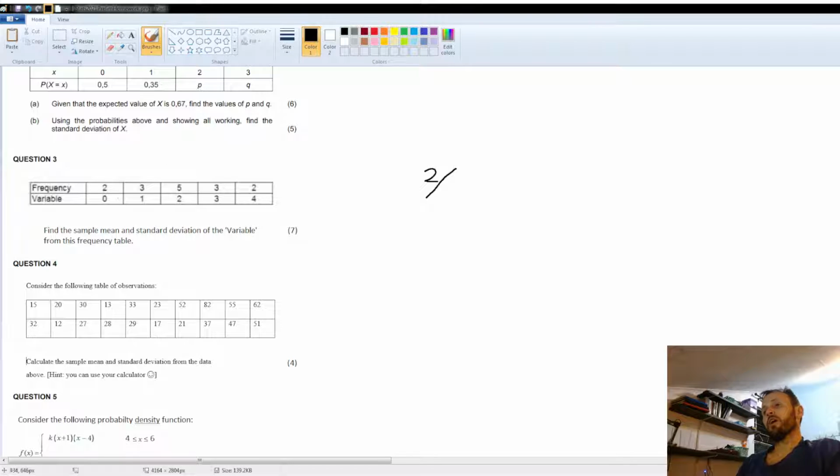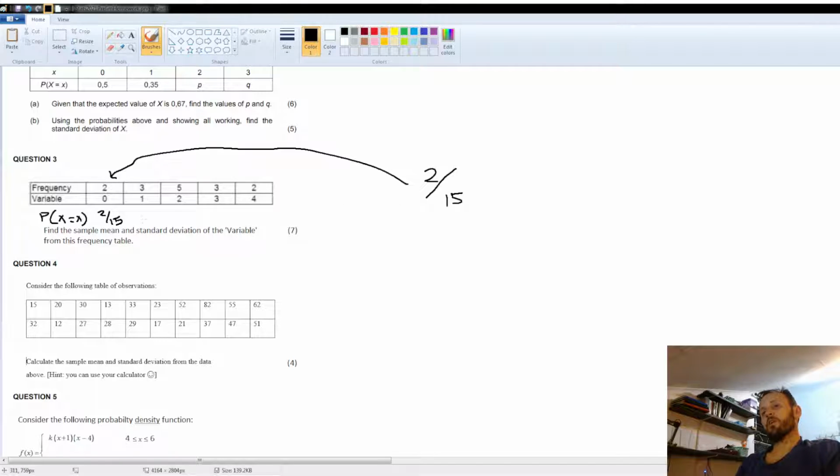So how many things in total did you see? 2 plus 3 is 5, plus 5 is 10, plus 3 plus 2 is 15. You saw 15 things. So 2 over 15 would be the probability of x being equal to x.